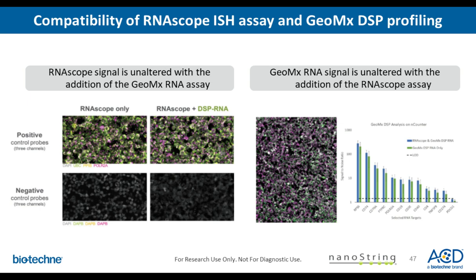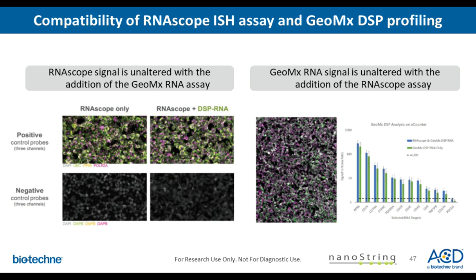Then to the right, where we do RNAscope plus DSP RNA, you can see similar signal intensities. Below that are the DapB negative controls. Again, with RNAscope only, you see no signal, and not surprisingly, when you add DSP RNA on top of it, you no longer have signal. So at a high level, the signal seems unchanged, which is great.